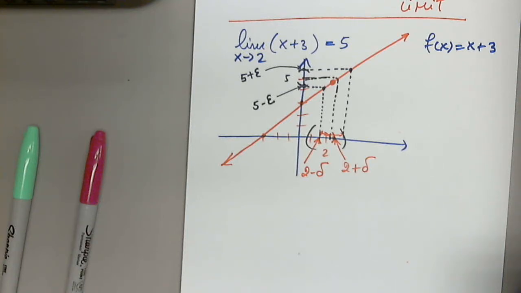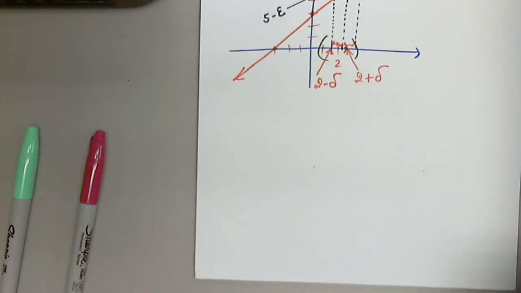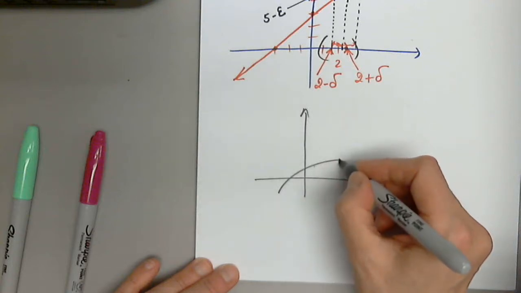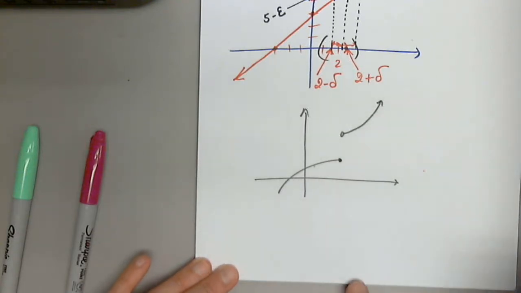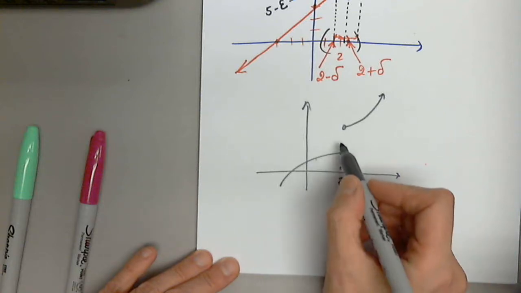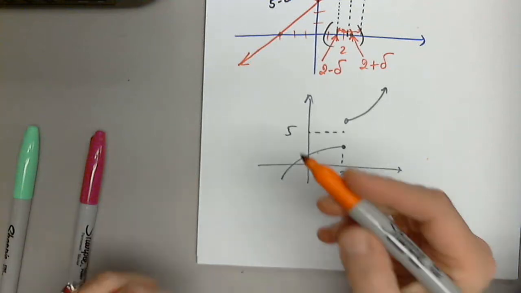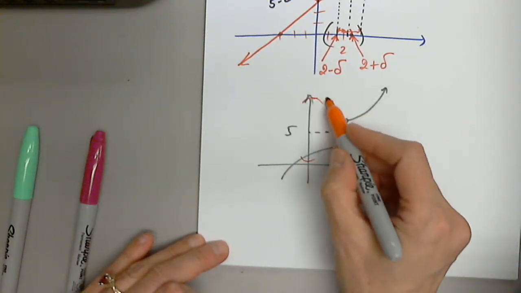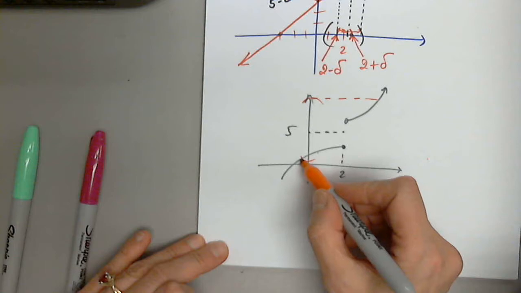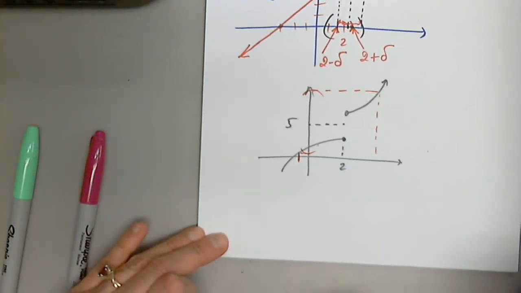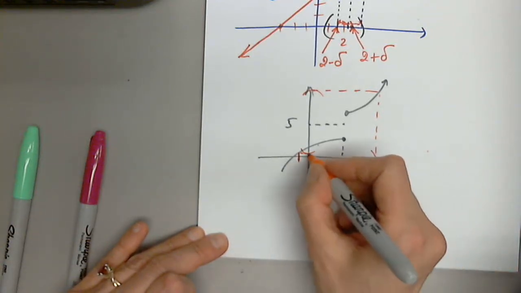Let me give you a counterexample before we write the definition, and you'll understand what I'm saying. Here's an example. Here's our 2, and let's say here's our 5. And you can say, oh, the limit exists. Because if you use this epsilon, which one is the smallest? This is the smallest, let's say.